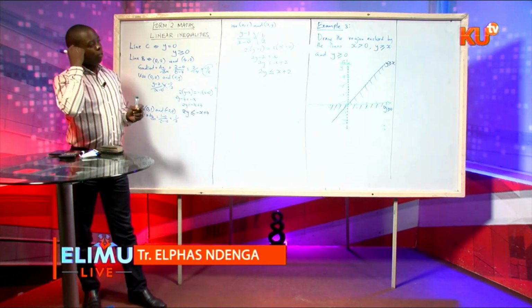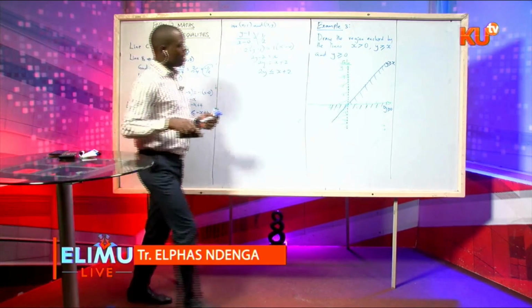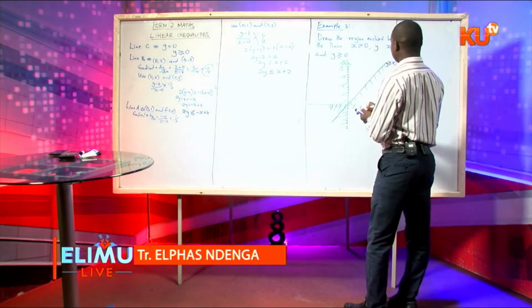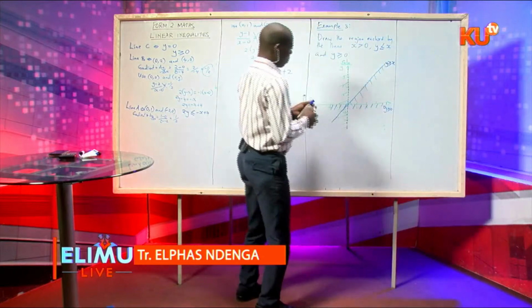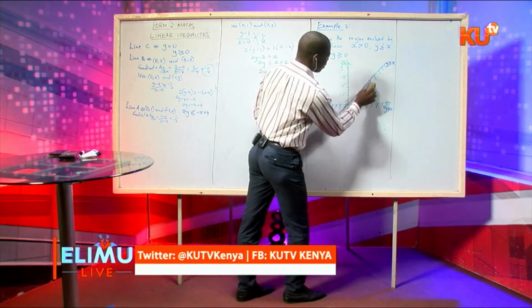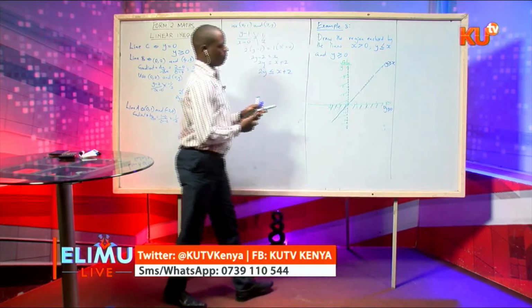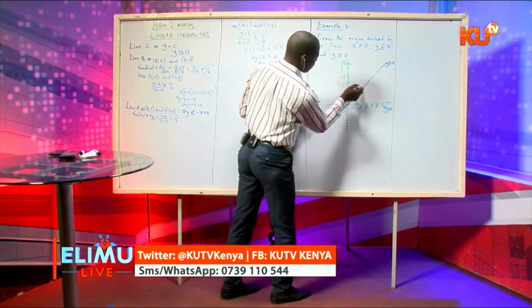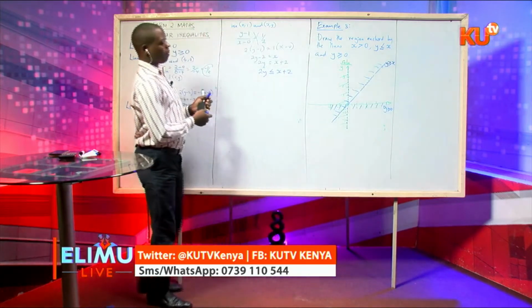So what you need to do is, we go back to the inequality y greater than x and have this as y less than or equal to x. Then we shade the opposite side because it's supposed to be less than or equal to x.